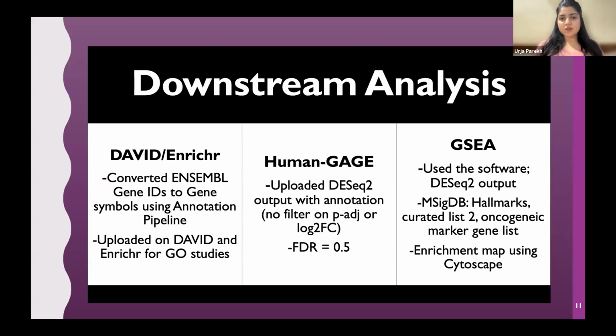I have also used the human GAUGE pipeline to elucidate the most significant pathways in which my genes are enriched. And again, GSEA is gene set enrichment analysis, which gives us genes that may be correlated with current hallmark gene sets.